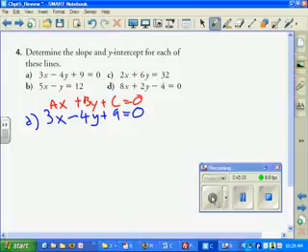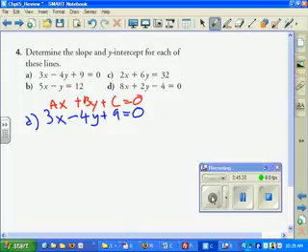If it's asking me to determine slope and y-intercept, what form should I be in? y equals mx plus b. Why? Right.